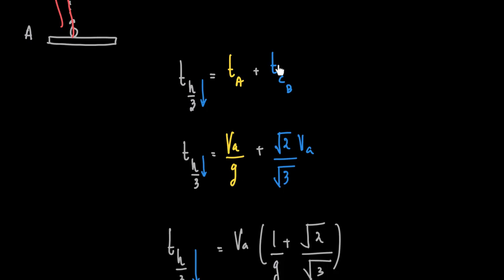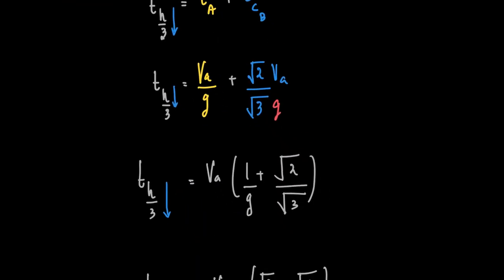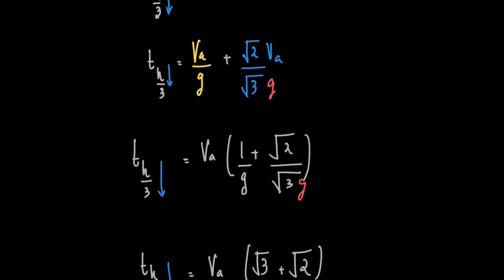It is VA by G. What is TC to B? It is root of 2 VA by root of 3g, right? Now I can say that time to reach h by 3 downwards, if I take VA common from here, is VA times 1 by g plus root 2 by root 3g. Sorry, I missed that.